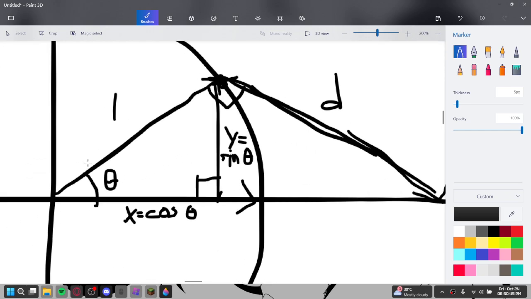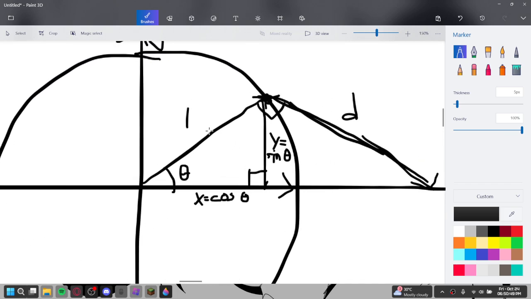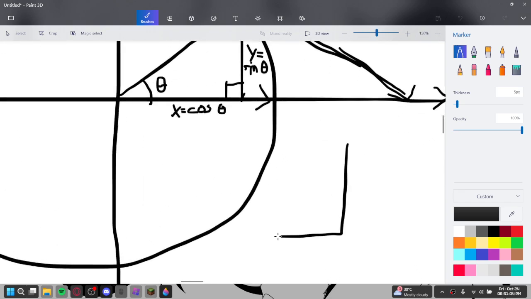And since they share this angle theta here, this triangle here, this triangle here, and this triangle right here, they're similar. They're similar. So this means we have two triangles.